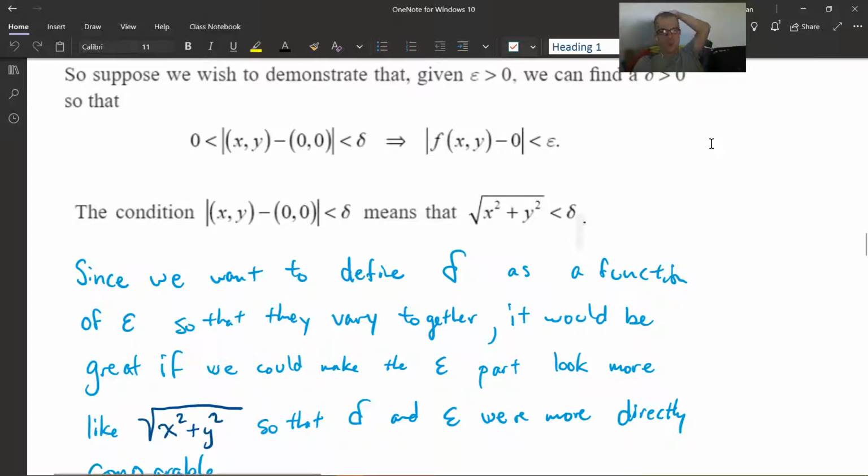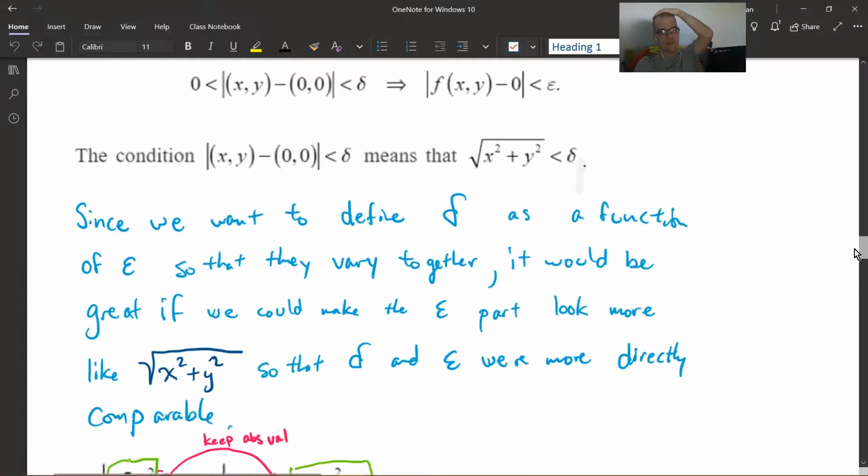So we want to define delta as a function of epsilon so that they vary together. It would be great if we could make the epsilon part look more like the square root of x squared plus y squared, because if we can do that, then we can compare delta and epsilon more directly and hopefully define delta as a function of epsilon.